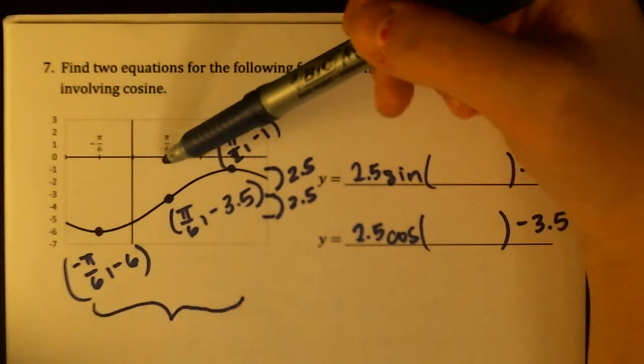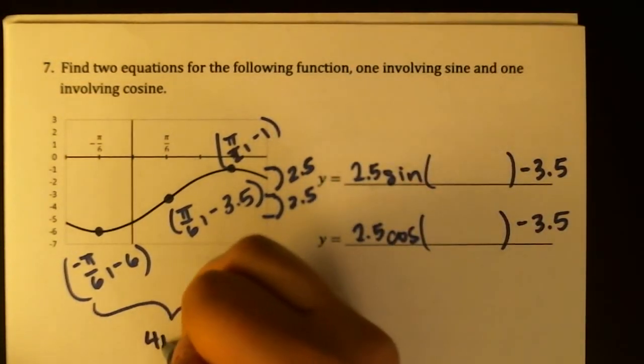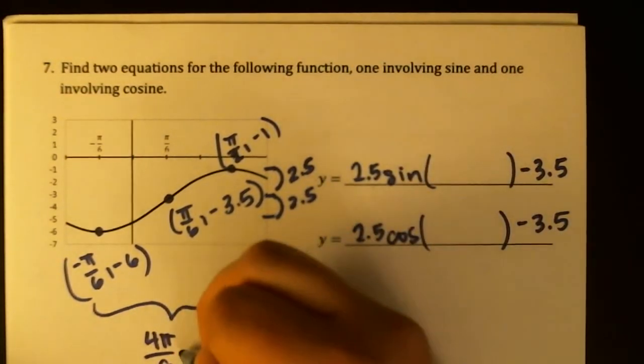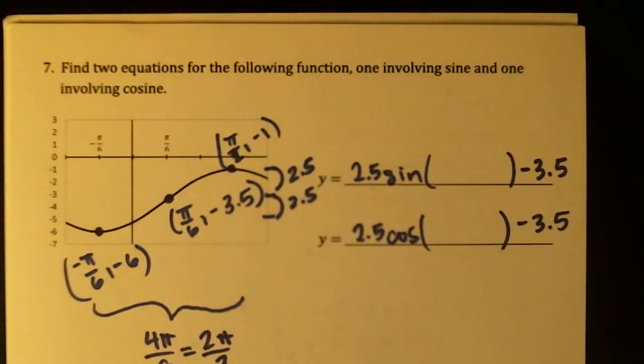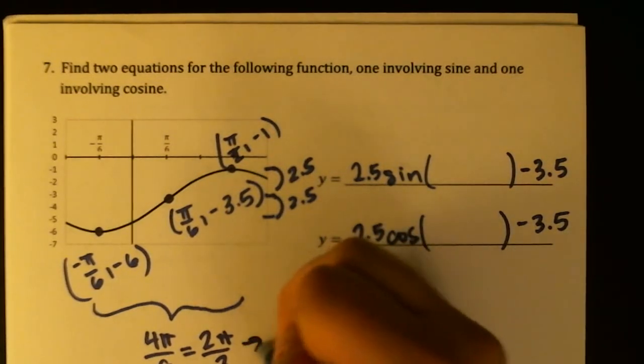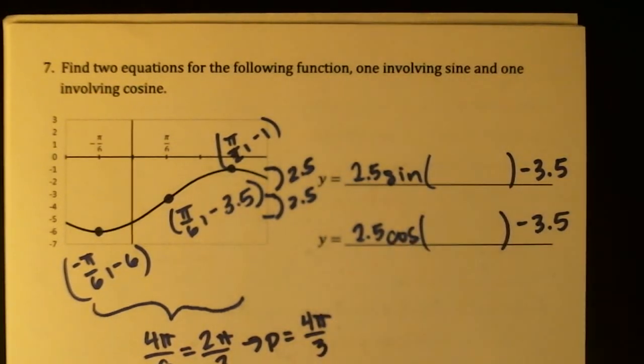I see 1, 2, 3, 4 pi over 6s, which is the same as 2 pi over 3. But that's only half of my period. So my full period must be 4 pi over 3. If it takes you 2 pi over 3 to get from the minimum to the maximum, it'll take you another 2 pi over 3 to get back to minimum, which is a grand total of 4 pi over 3.